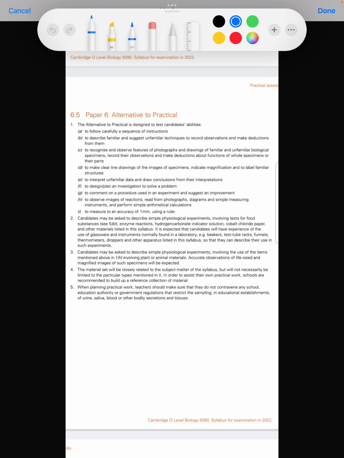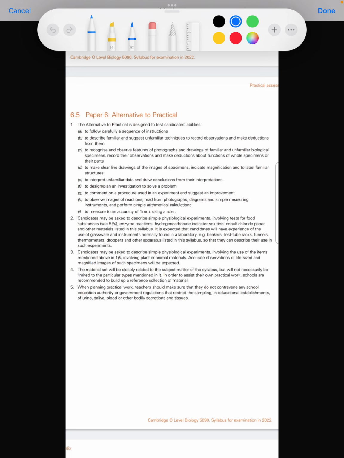Alright, so the alternative to practical is designed to test candidates' abilities to follow carefully a sequence of instructions. So obviously all the instructions will be given to you in the question, to describe familiar and suggest unfamiliar techniques, to record observations and make deductions from them.